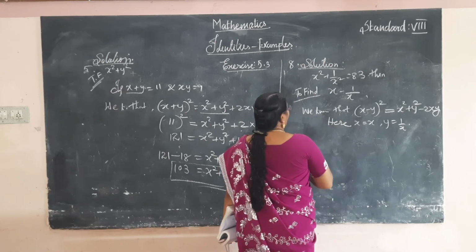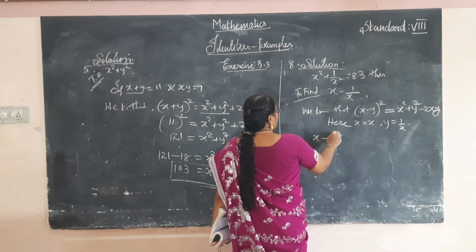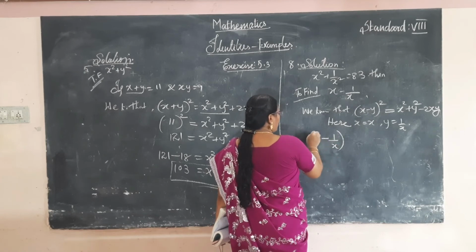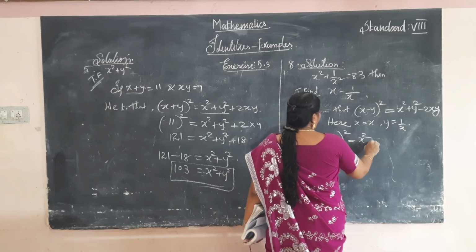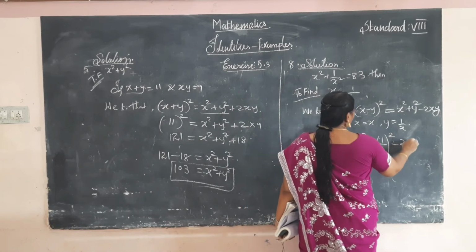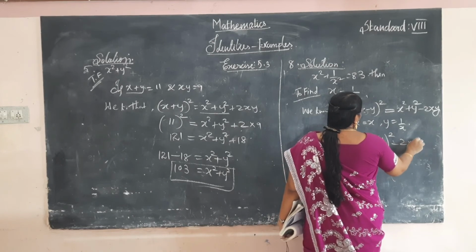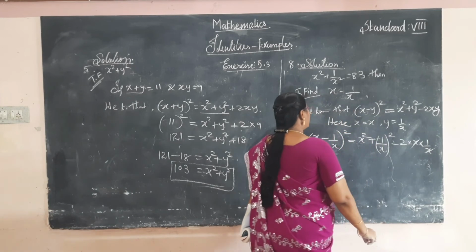Substitute in this identity: x minus 1 by x the whole squared is equal to x squared plus y value was 1 by x the whole square minus 2 into x into 1 by x. So these terms will be cancelled.